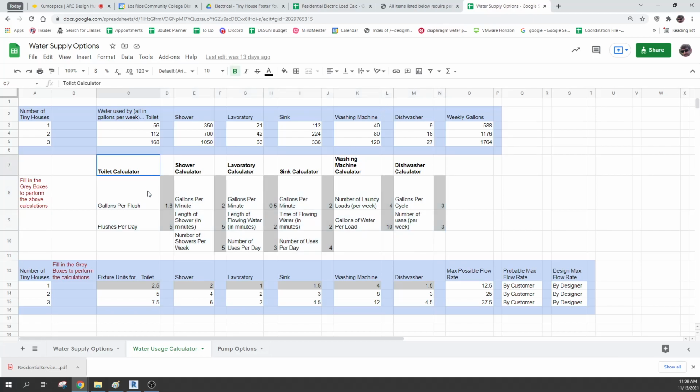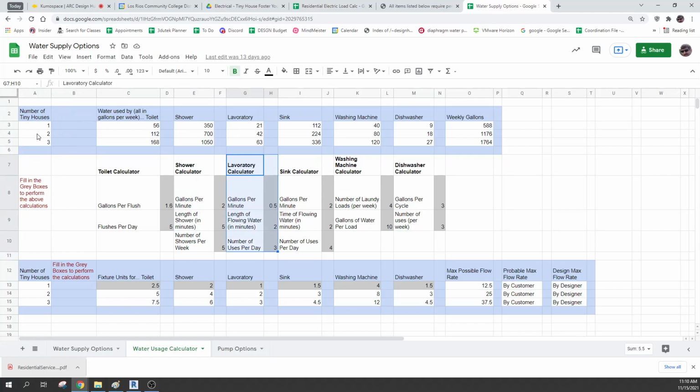But we've got a toilet calculator. Every tiny house and every residence has toilets. We have a shower calculator. Every tiny house and every residence has showers. You have a lavatory calculator.